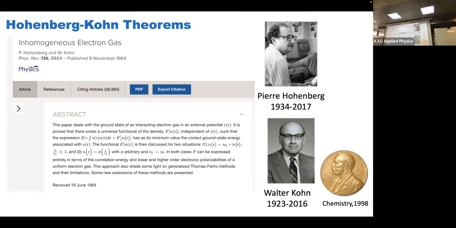Then there he went to university. Then he moved to Caltech, in California, and then he got the Nobel Prize for his theory, which we call density functional theory. Pierre Hohenberg was his collaborator from France, and next week we will talk about another, third collaborator, Lu Sham, who was a postdoc in the group of Walter Kohn and also made some improvements to this theory.